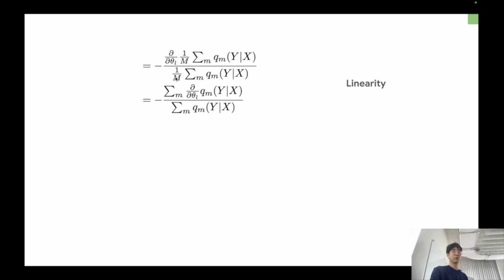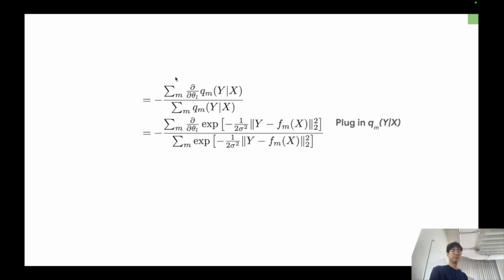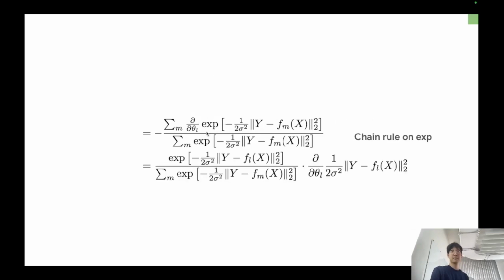And you can get rid of 1 over M above and below. And you can plug in the definition of q_m of y given x for both numerator and denominator. And then you have now the chain rule on exp, so you have the function itself replicated first, and then you have the derivative of the inside of the exp. Okay, so the minuses go away, and this 1 over 2 sigma squared is constant, so it goes out, and you have the derivative of this L2 loss.